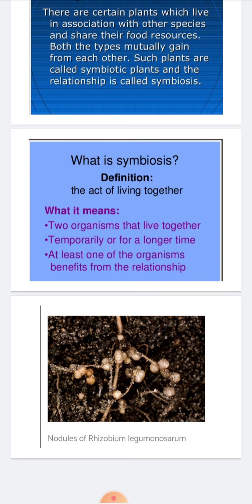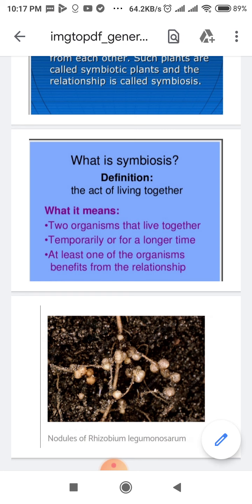The leguminous plant provides shelter and food to the bacteria. Bacteria also help the plant and the soil. Bacteria convert the atmospheric nitrogen to a usable form for the plants, and thus they increase the fertility of the soil. So, this is a good example for symbiotic relationship.